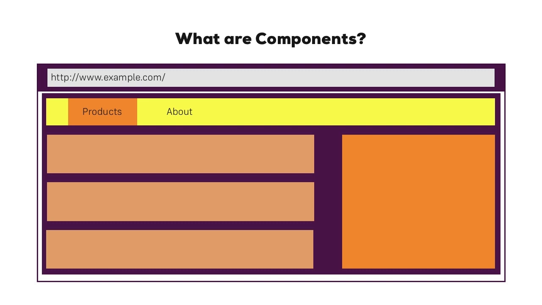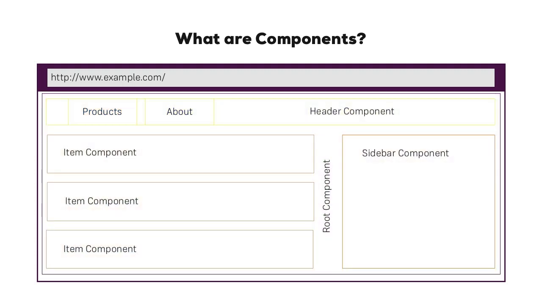And within each component, you may have references or selectors of other instructions, other directives or components, so that you build up your application of these building blocks, which then work together and make up your overall application. Because if we have a look at our web page here, we can basically identify a couple of components. We have our item components, we have the sidebar component, the header component, and of course the root component I was mentioning.